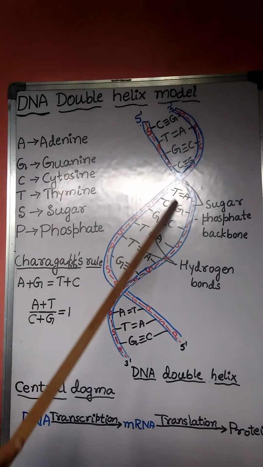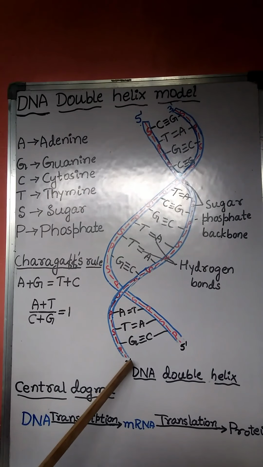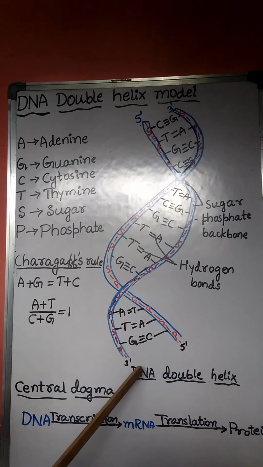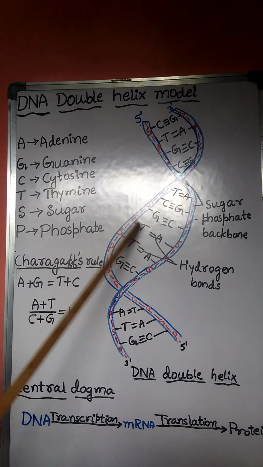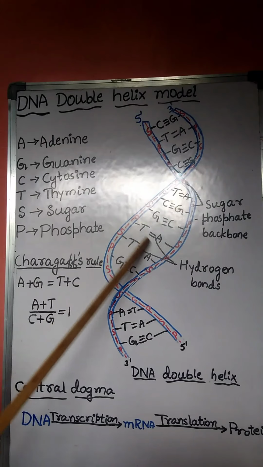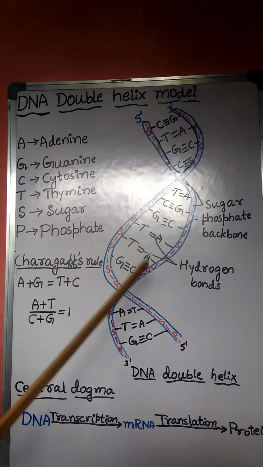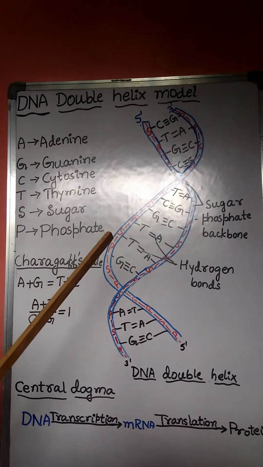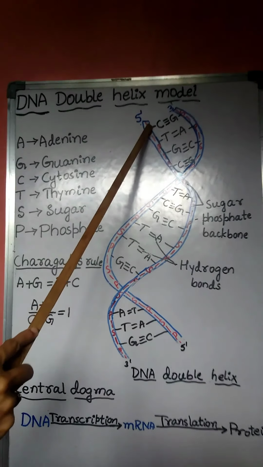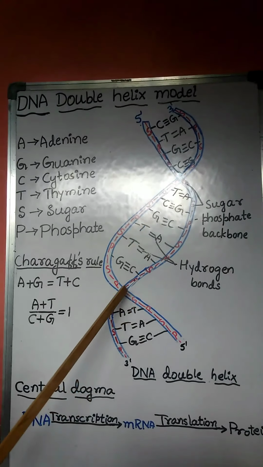The double-stranded DNA molecule has a diameter of 20 angstrom. That means the distance between the two polynucleotide strands is always 20 angstrom.